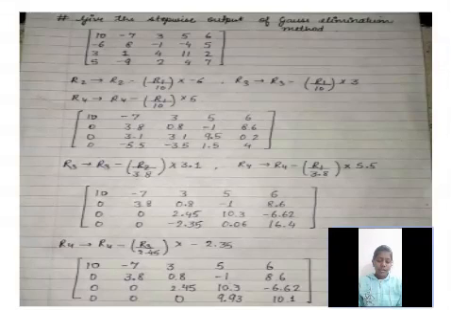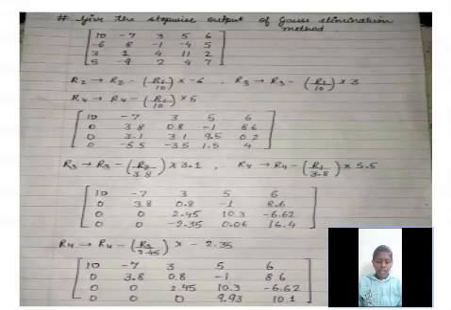Okay, so now the matrix will be 10, -7, 3, 5, 6; 0, 3.8, 0.8, -1, 8.6; 0, 0, 2.45, 10.3, -6.62; 0, 0, -2.35, 0.06, 16.4.